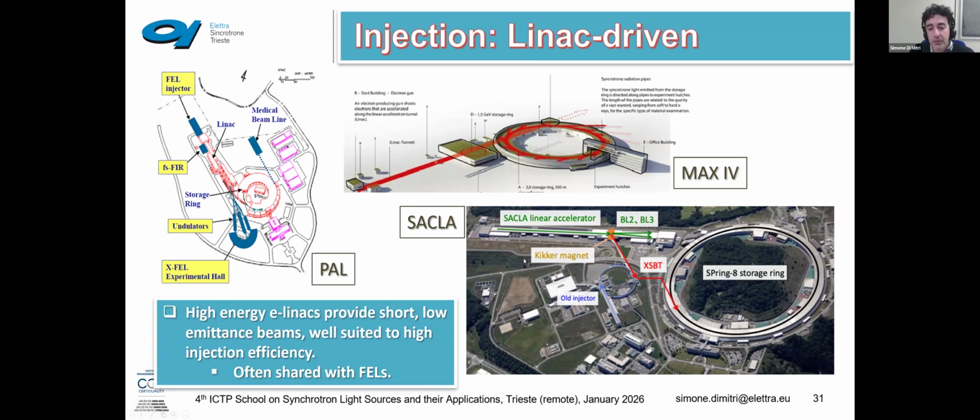So this is another way, and far more efficient, to bring electrons from low energy to high energy and finally inject them into the main ring. But of course, as you may imagine, the cost of building such a very long high-energy LINAC is typically factors higher than building a booster chain.